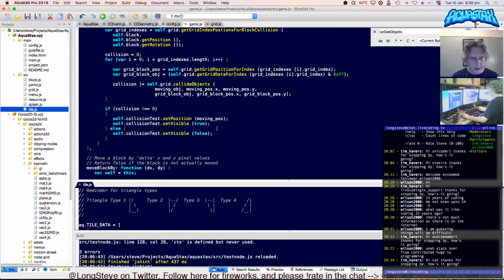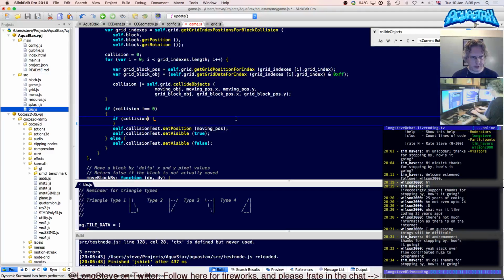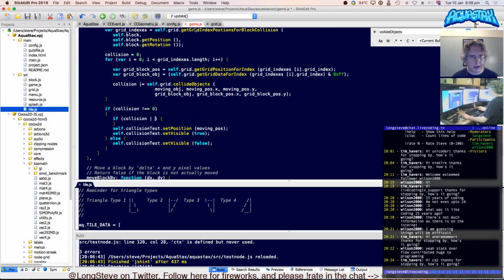Right. So collision test. So if collision does not equal 0, if collision ORed with, oh now this is where I need, this should just work because these are global now, aren't they?